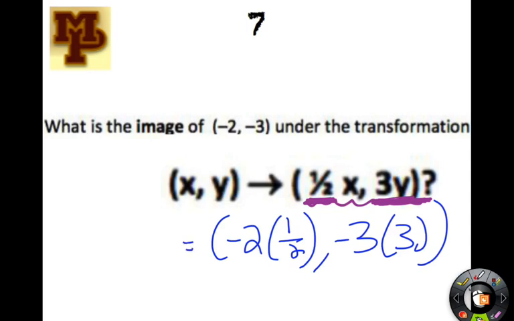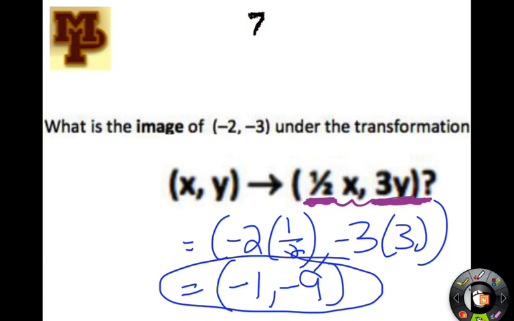And whatever that is, that's going to be our new point. So -2 times 1/2 would be -1, and then -3 times 3 would be -9. So the new point would be (-1, -9) under this transformation.